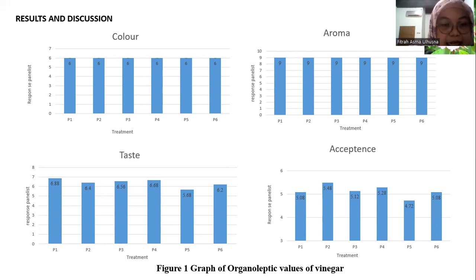The highest value was shown by P1 and the lowest value by P5. The highest score indicated a more sour vinegar taste, while the lower score indicated a less sour taste. The results show that the treatment had a significant effect on panelists' rating on the taste of vinegar. Vinegar that is slightly sour is from group P1, and vinegar that has a neutral taste is from P5.